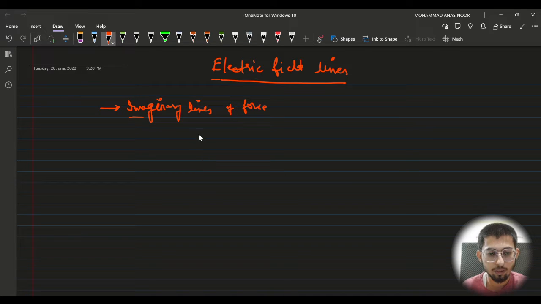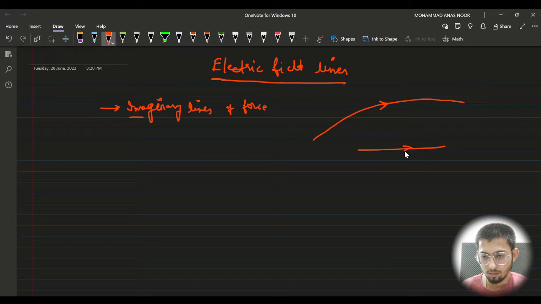First we will define what electric field lines are. It may be a curve like this, and it should have an arrow to indicate the direction, or it can be a straight line also. It depends on where these are coming from.